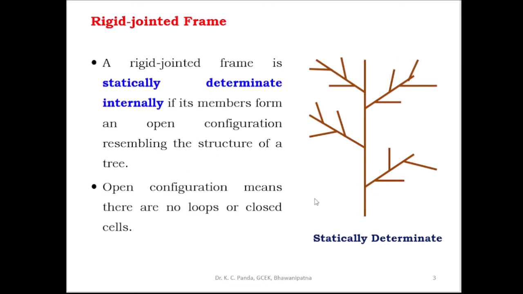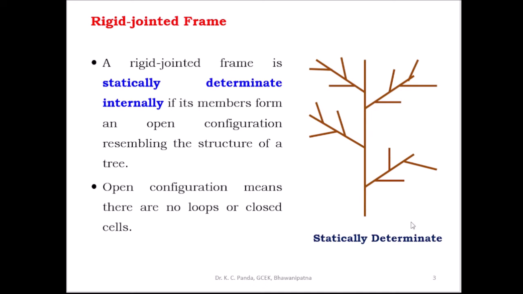Open configuration means there are no loops or closed cells. So here you see, this is like a tree shape, all the branches are open, there are no closed cells or closed loops. So this type of structure is called statically determinate internally.